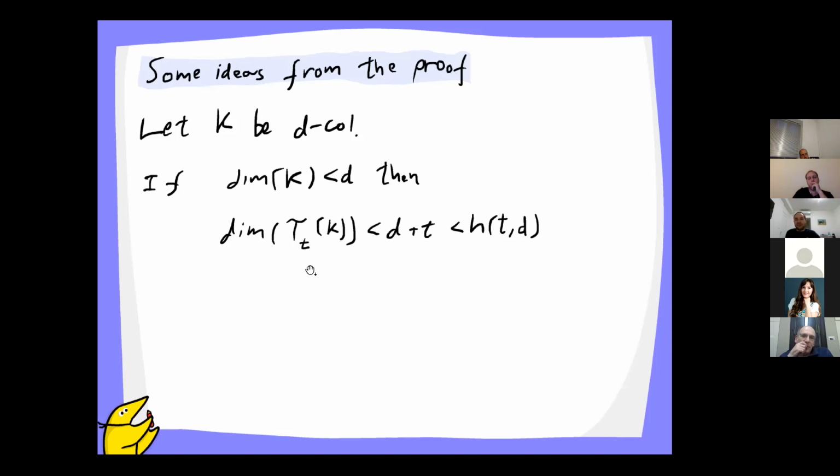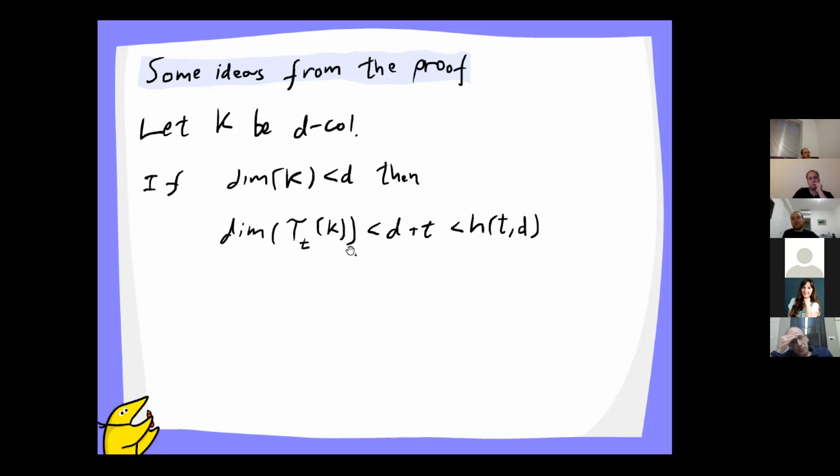In this case, it's easy to check that the t tolerance construction can increase the dimension by at most t.